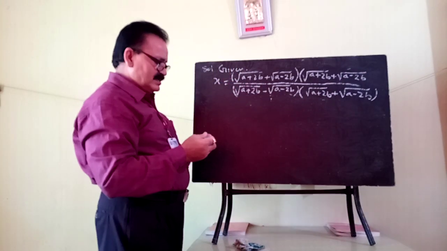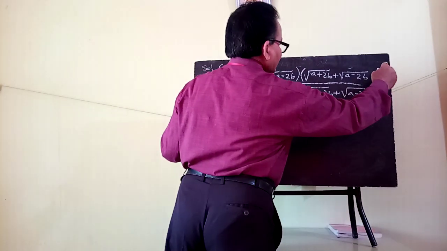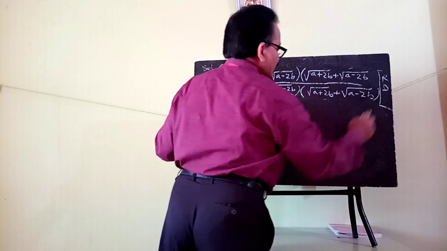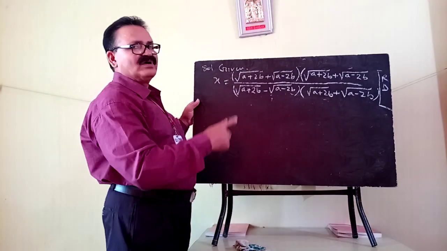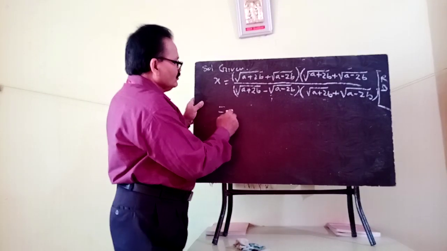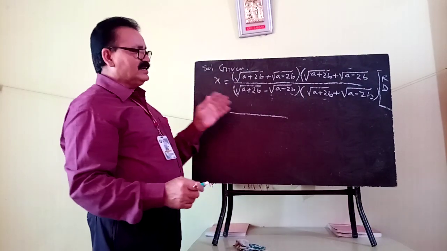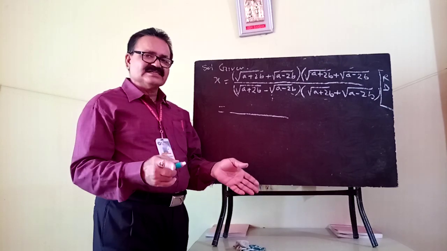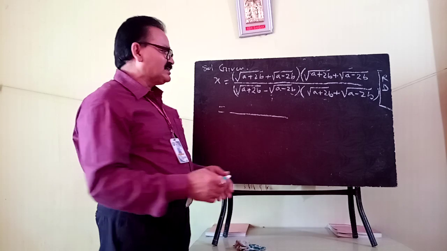Okay, clear? By rationalizing the denominator, here you can write RD, R for rationalizing, D for denominator. That is the step you have performed after writing the given part. Now you apply this formula, because one of the formulas I have used, a minus b into a plus b, already discussed in my earlier classes. A minus b into a plus b is a square minus b square.